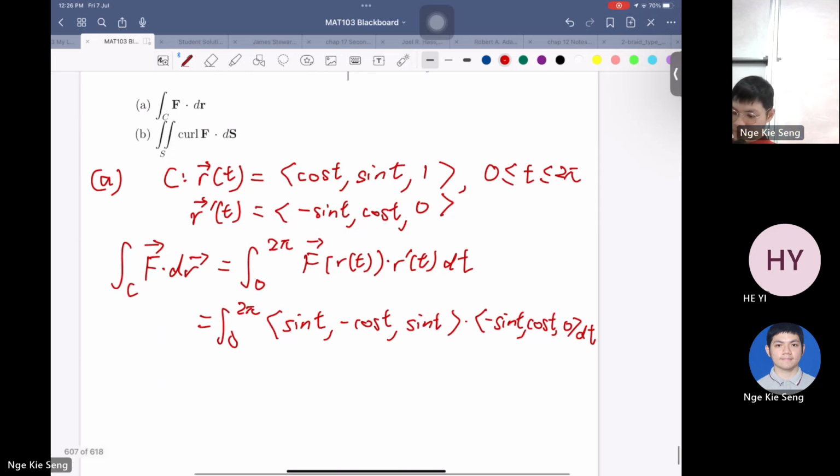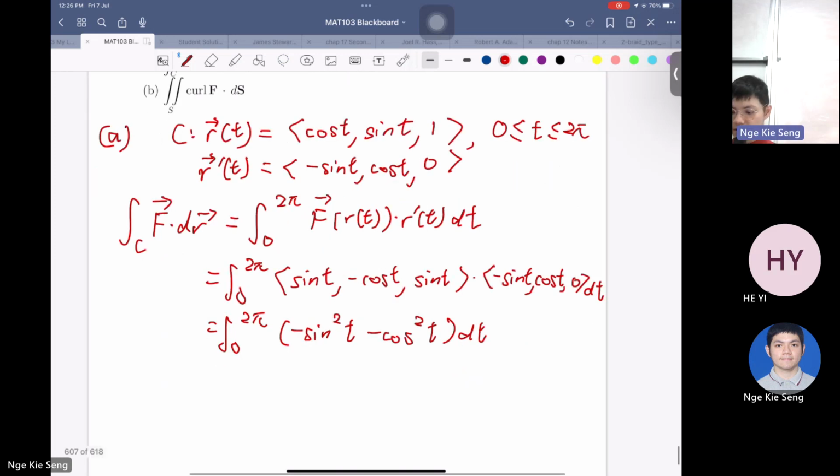If I dot these together, I get minus sin squared t minus cos squared t dt.